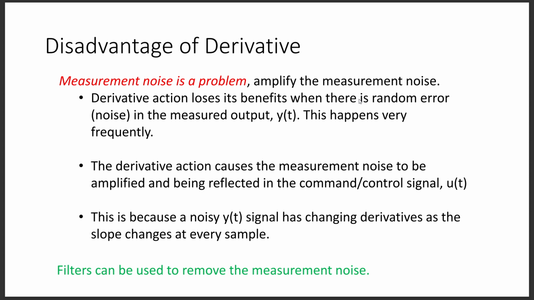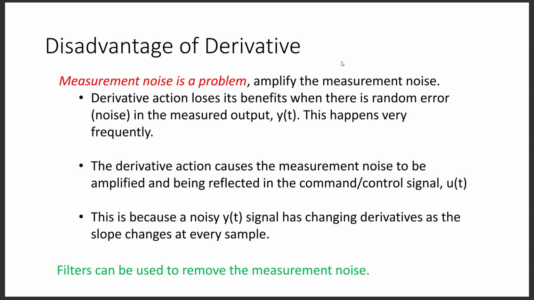In what we discussed right now, we assumed everything is perfect. We assumed there is no noise, and still we had these problems. Imagine if you have a noisy behavior. Imagine if you have a noisy measurement, which is the case in real life. Then the problem is that if you take the derivative of a noisy behavior, think about it. What's noise?